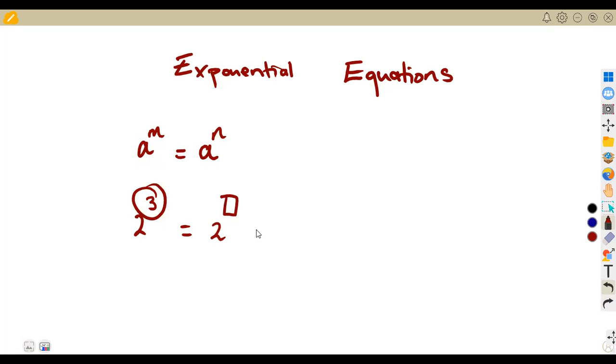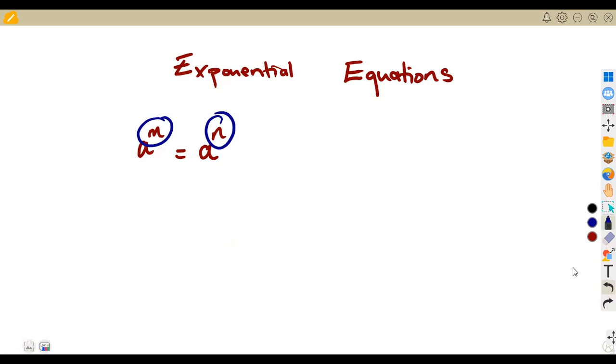We are going to have different answers. It must also be raised to the exponent of 3 to be equal to this. So there is no way that these two can be equal unless the exponents are also equal.